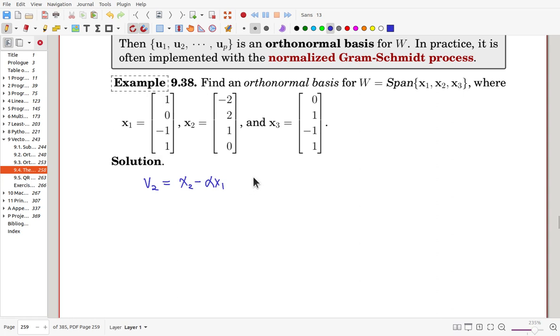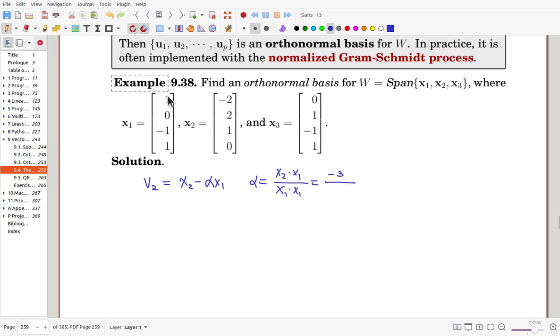And alpha can be found here. That is, x2 is projected onto the space of x1, so x1 dot x1 is on the bottom. Now this dot product is minus 3.